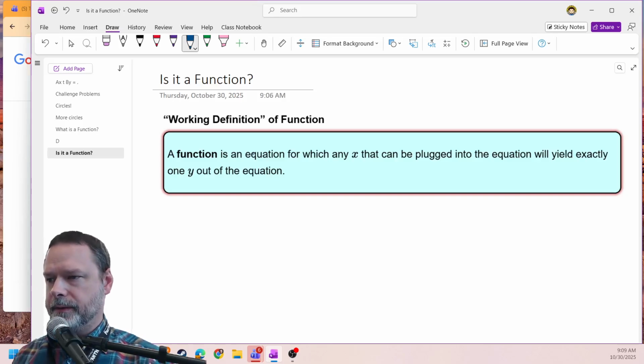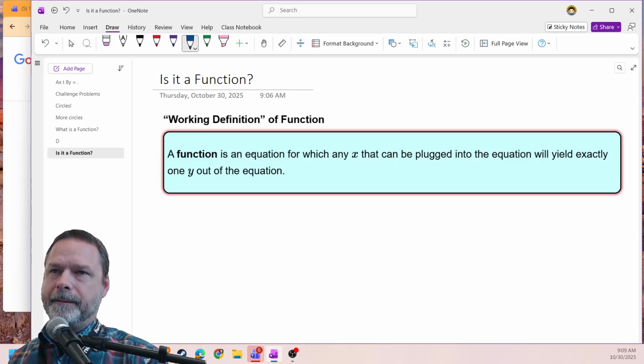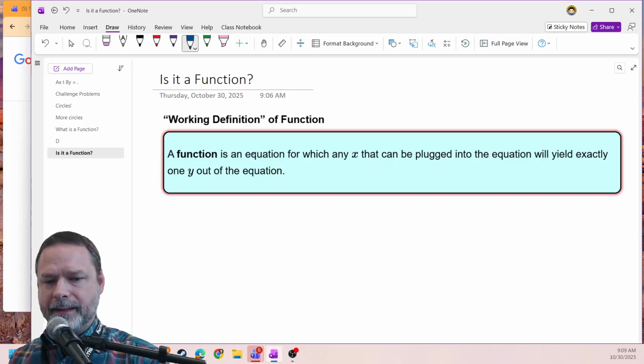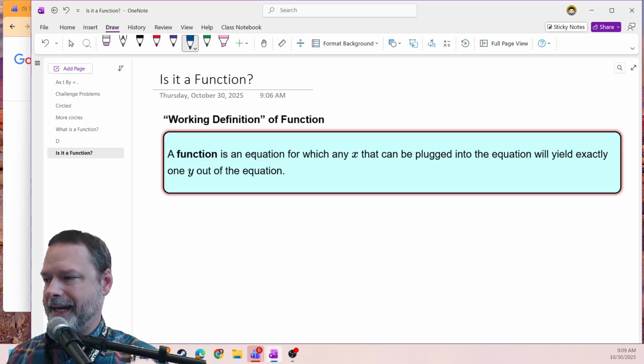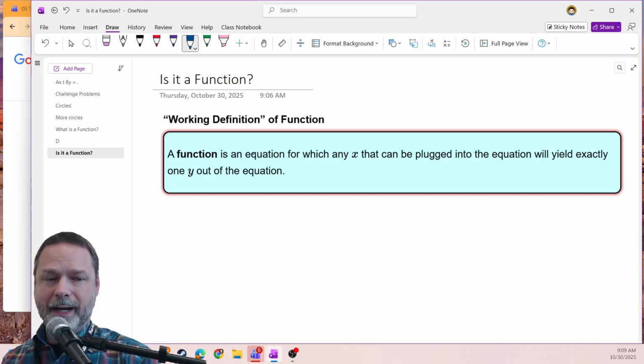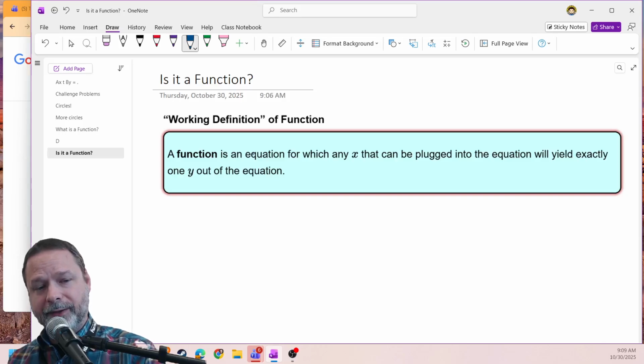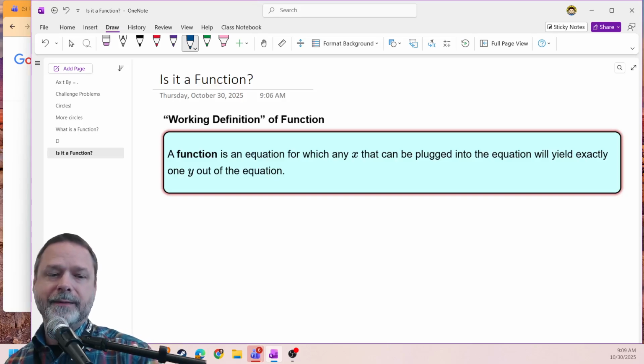So instead of a relation for which every element in the domain is matched with one element in the range, we have: a function is an equation for which any x can be plugged into the equation and will yield exactly one y out of the equation. So for all those x values, whichever ones we pick, they only go to one y, only possibly one y.